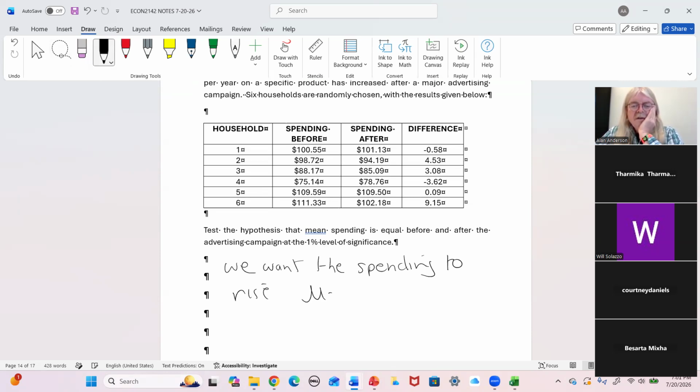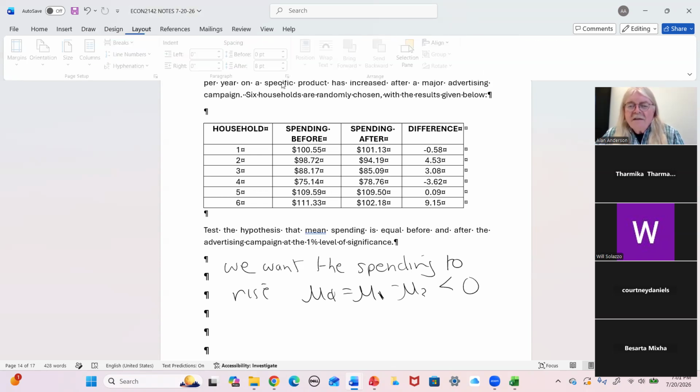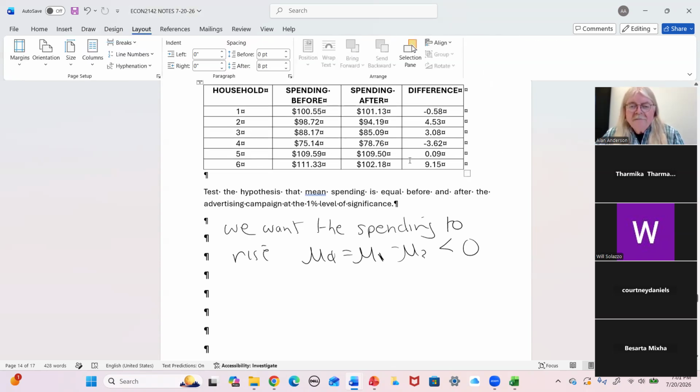So mu d, which is mu1 minus mu2, if the spending rises, this will be negative. So again, it's hard to imagine, but this is actually a left-tailed test.